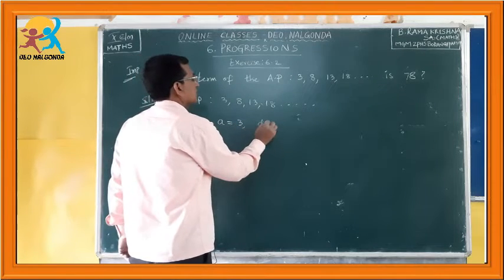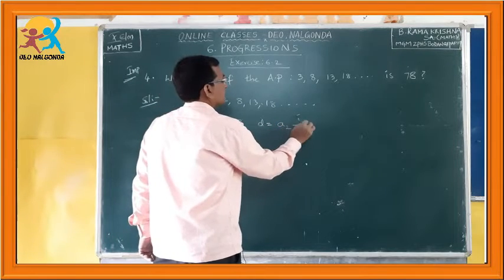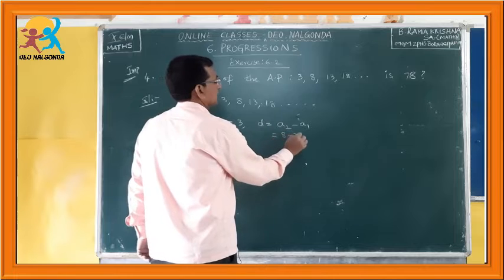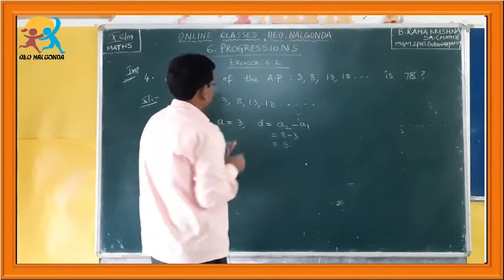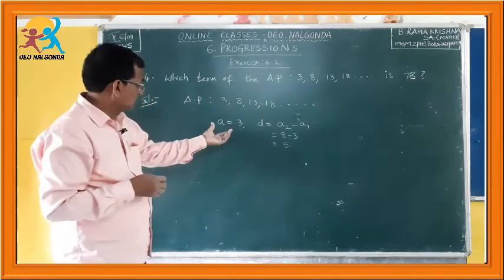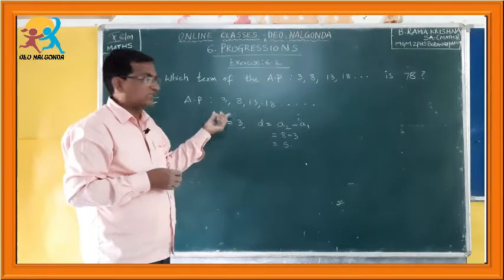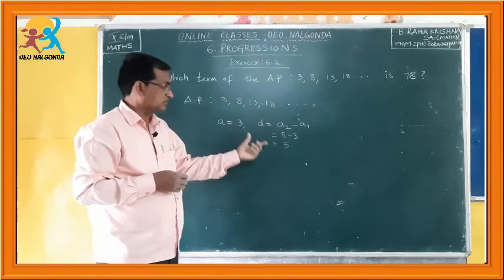What is the common difference? How do you find it? A2 minus A1, which is equal to 8 minus 3, which is equal to 5. So, you have to write down the given things. A is equal to 3. D, you have to find the difference between two successive terms, that is 5.